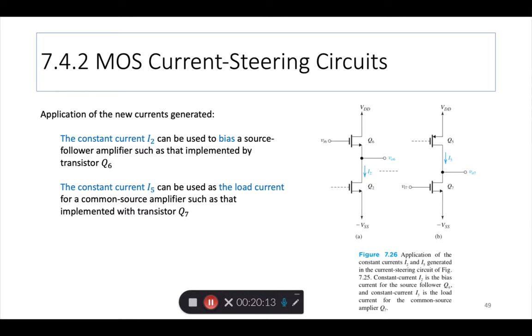So this just tells you that when you create these new currents, they're not for fun or to waste, but to do other things with other amplifiers in the IC.